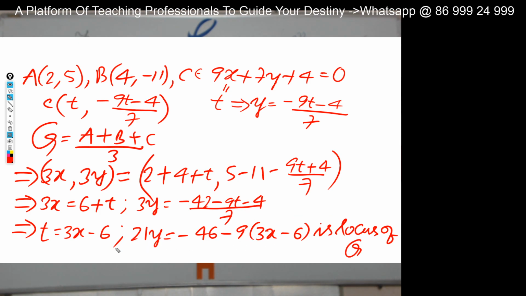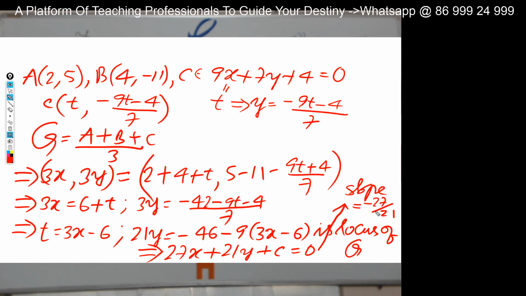Bring this to the other side, 27x plus 21y. We need only the slope, we are not worried about the constant there. Some constant will be there. What is its slope, please? Slope is equal to minus 27 by 21, so minus 9 by 7. Slope is minus 9 by 7.